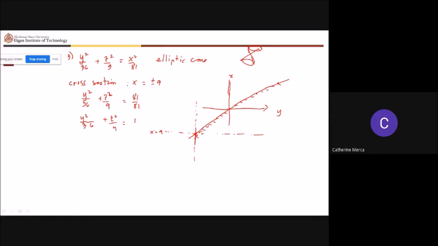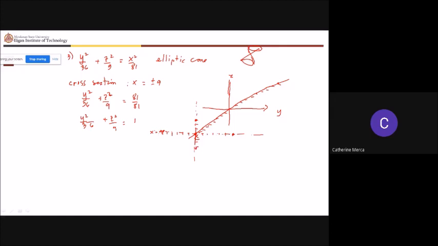We have 1, 2, 3, 4, 5, 6, and 1, 2, 3, 4, 5, 6. Then the Z is plus or minus 3: 1, 2, 3. You can see an ellipse, so we draw an ellipse there.